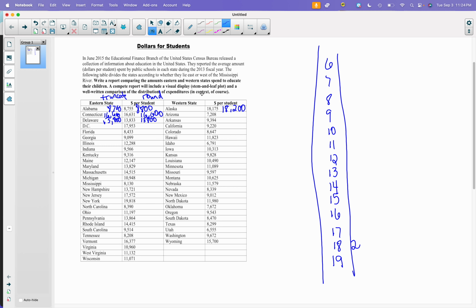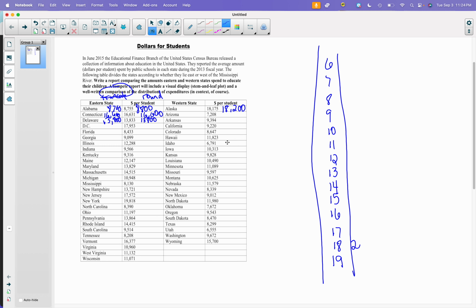Then you need to make sure when you are talking about the distributions for each of them that you're talking about center, shape, and spread, and compare. When you are doing a comparison, make sure you are using comparison words. So the eastern states has a center of whatever, but the western states is larger or smaller.